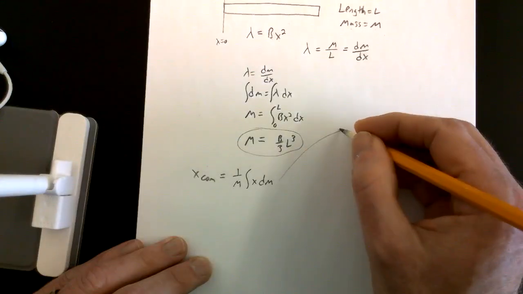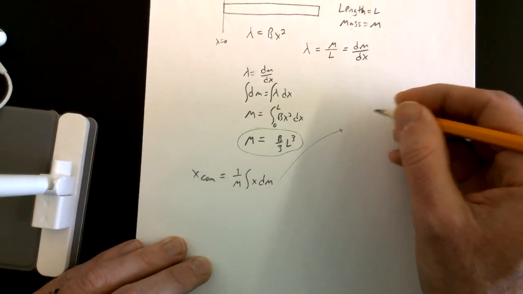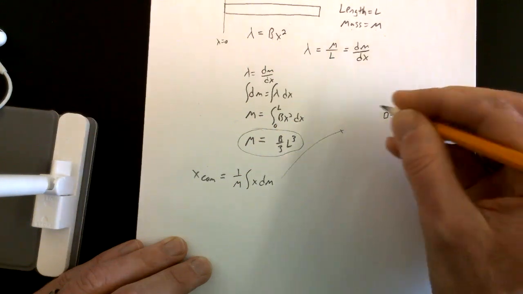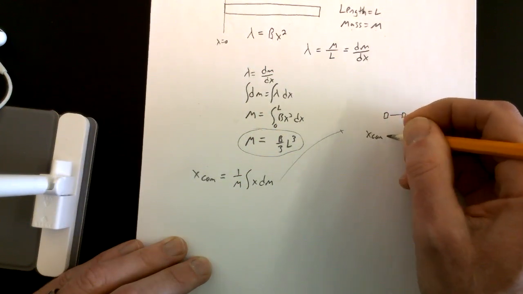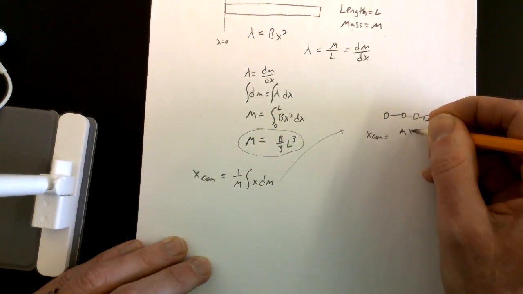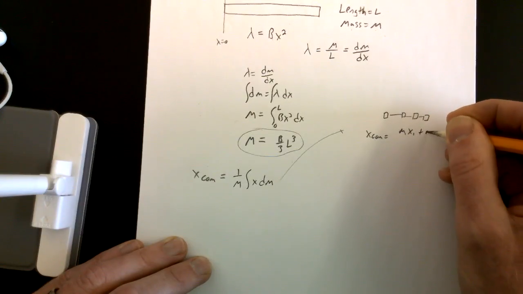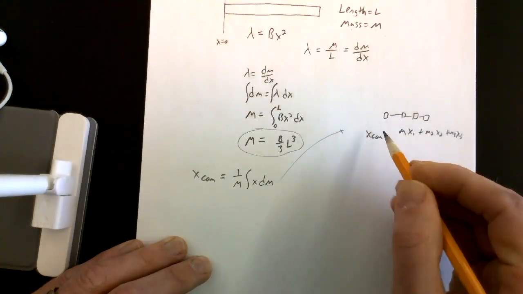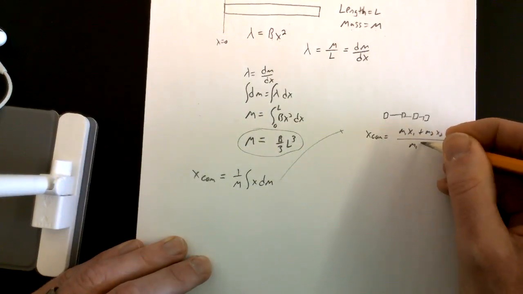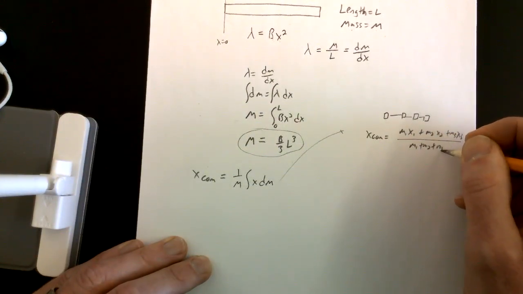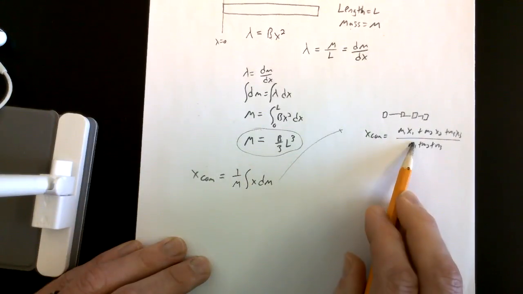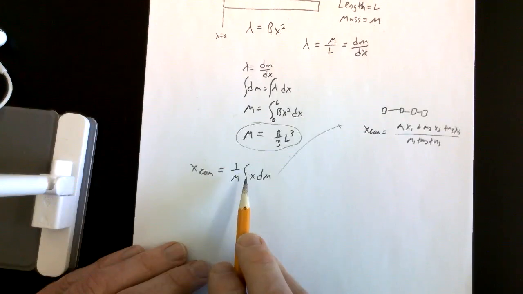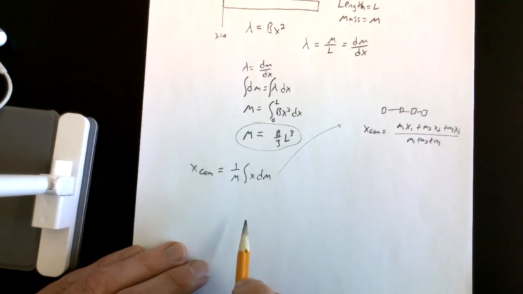If you remember, just up here, if you just have like a bunch of little objects, like an object, an object, an object, and so forth, then your x center of mass is going to be m1 x1 plus m2 x2 plus m3 x3, all that kind of stuff, whatever it is, divided by m1 plus m2 plus m3 and so on. So that's if you just have individual things. If you've got a continuous piece of mass, then it's going to look like this formula here.